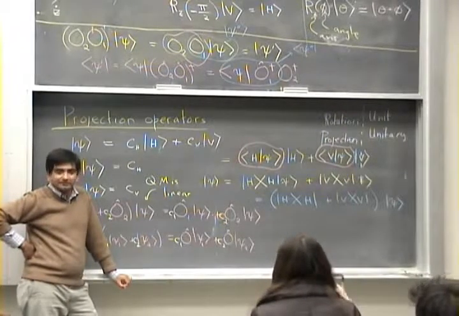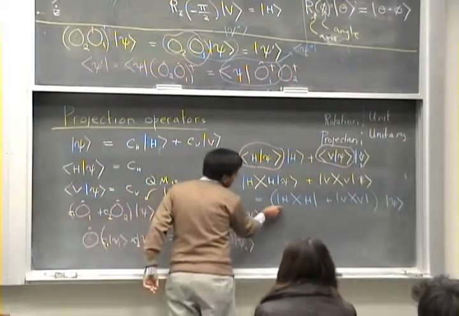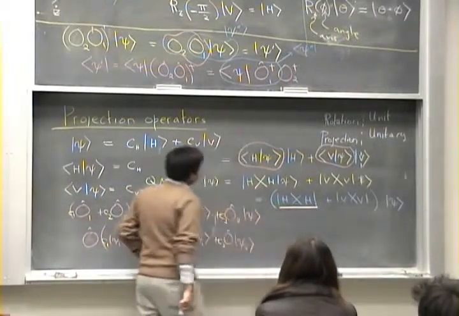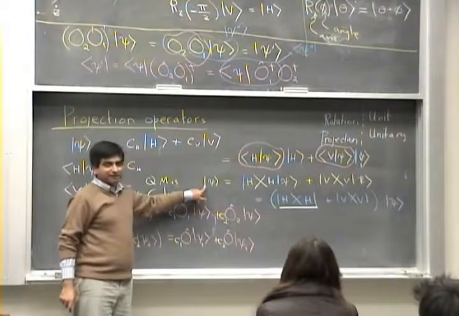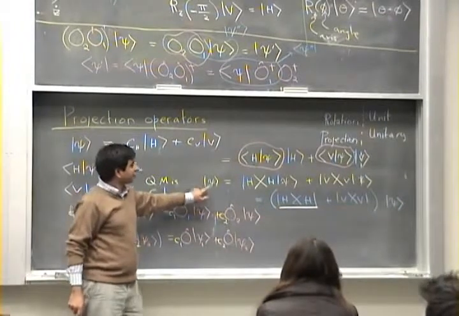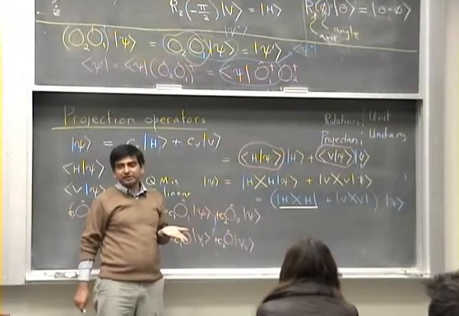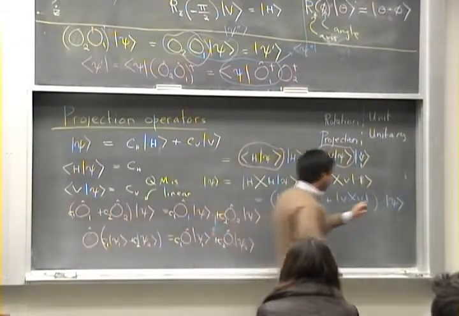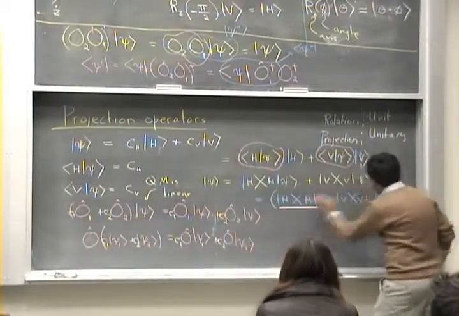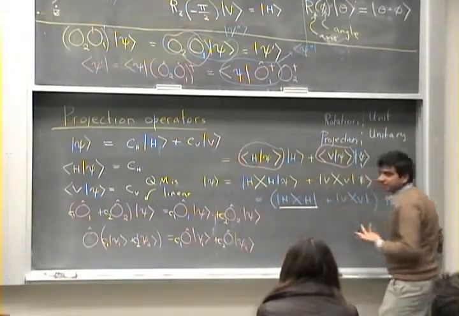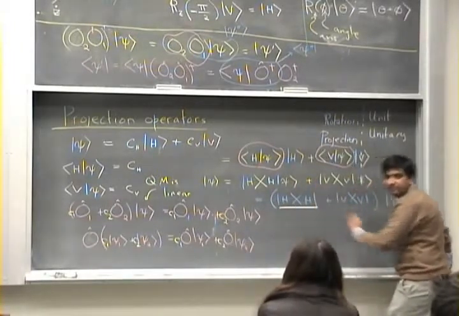Fine. Now this object, okay, now remember this is a state. So the right hand side must also be a state. Now this is a state and something is acting on a state to give me a new state. So this must be an operator.